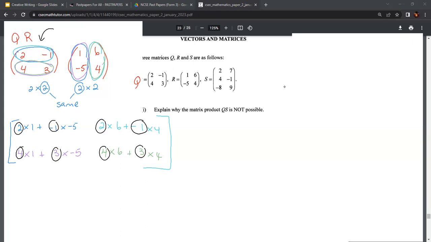And then your numbers after your multiplication signs, they correspond, they are the same. So 1, 1, -5, -5, 6, 6, 4, 4. Right, so you do that little check, and then you're going to work by simplifying.